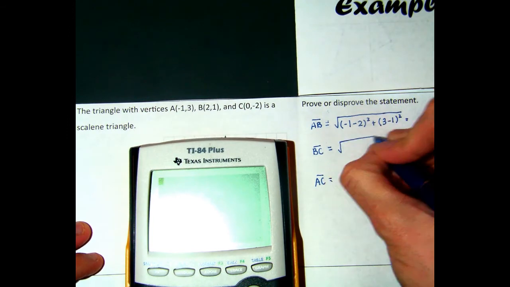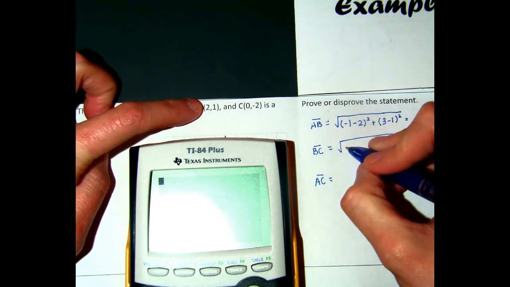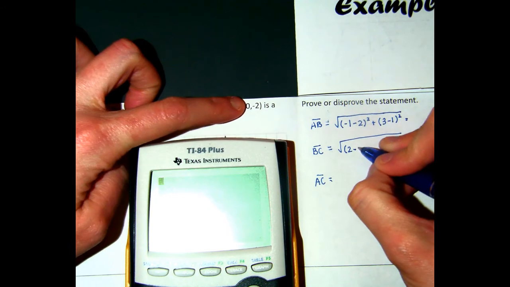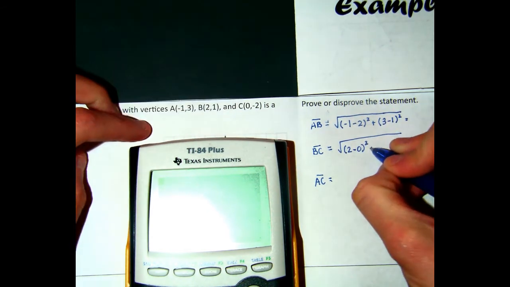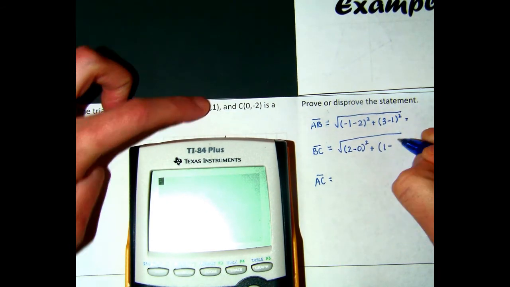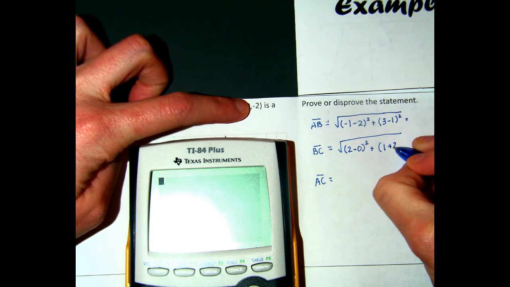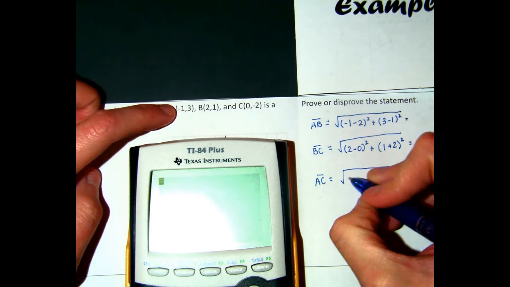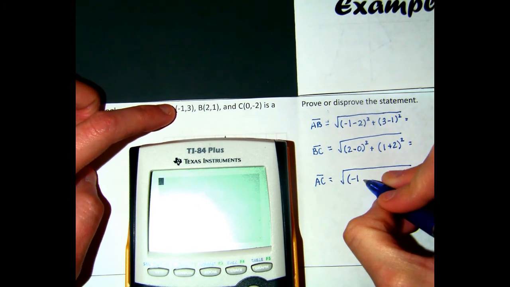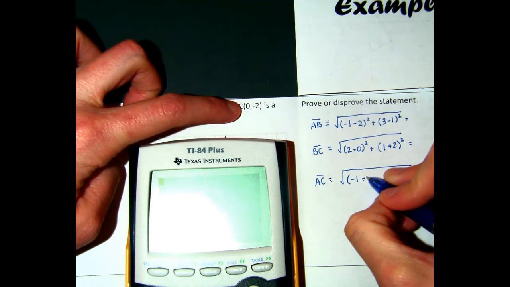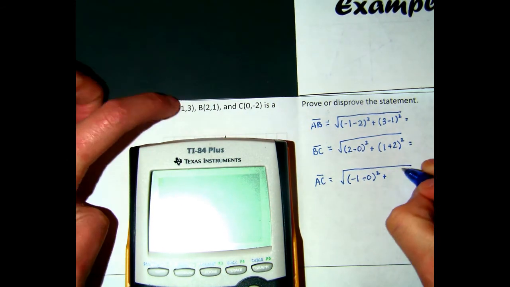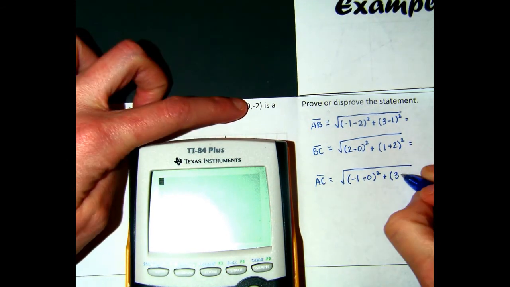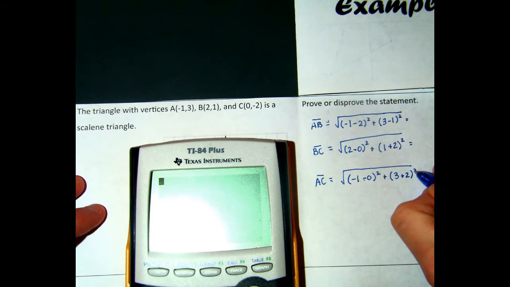And BC, 2 minus 0 squared plus 1 minus negative 2, so plus 2 squared. And last AC, negative 1 minus 0 squared plus 3 minus negative 2, so plus 2 squared.